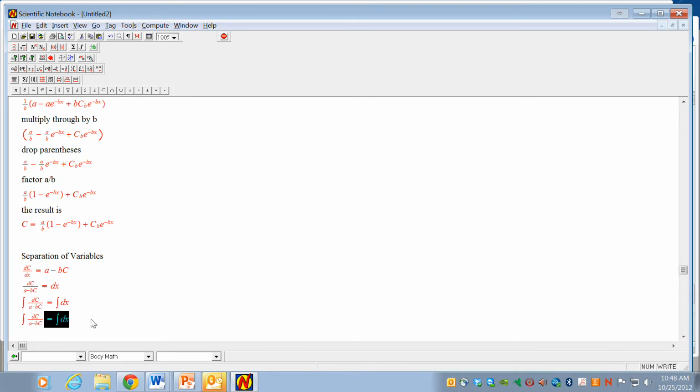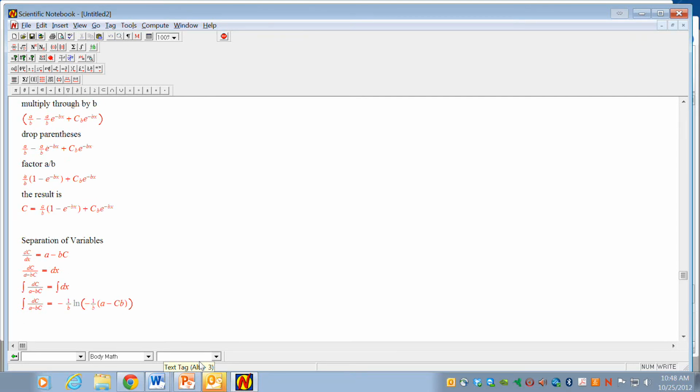so what we'll do is just solve each one of these sides of the equation independently. So we'll first do this integral, and we just set it up like that and use evaluate, and there's the result. And then we'll also solve this right hand side, and this is really just trivial, but we'll solve it anyway.